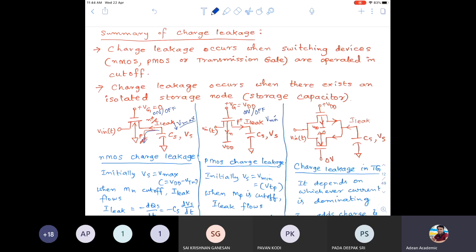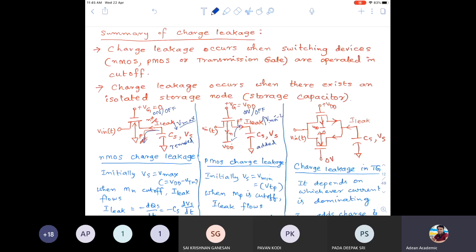The current will flow from the N region to the P region, in the opposite direction. So the charge in the capacitor is getting added. Here the charge is removed, decreased. Here the charge is increased. V minimum is actually low. When it is increasing, it becomes high.